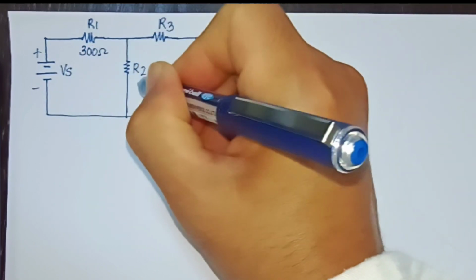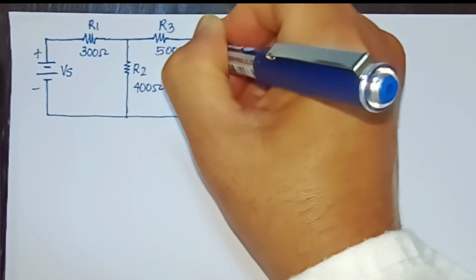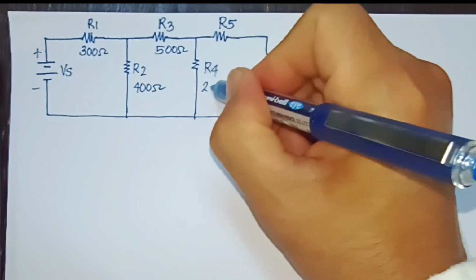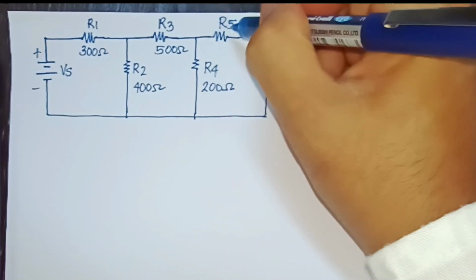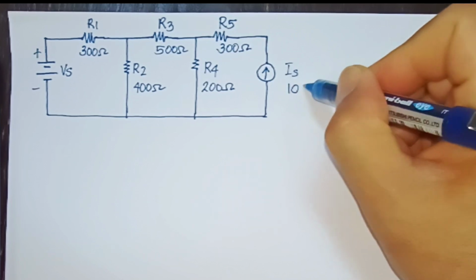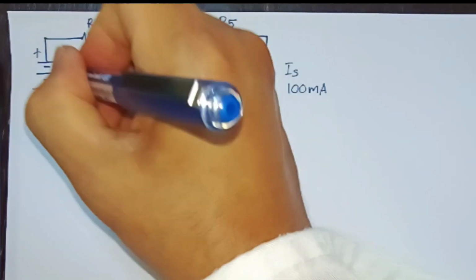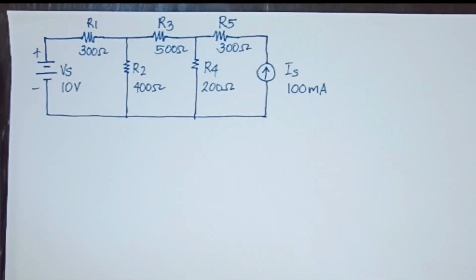I am now writing 300 ohms, 400 ohms, 500 ohms, 200 ohms, and 300 ohms in our resistors respectively. And we have an IS of 100 milliamperes and a voltage source of 10 volts. So this is how our circuit is.